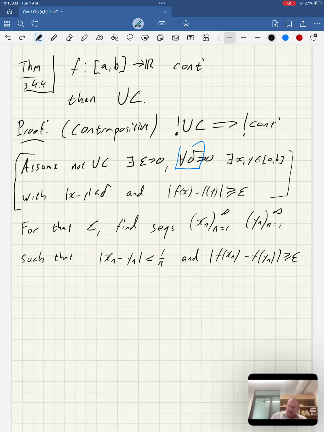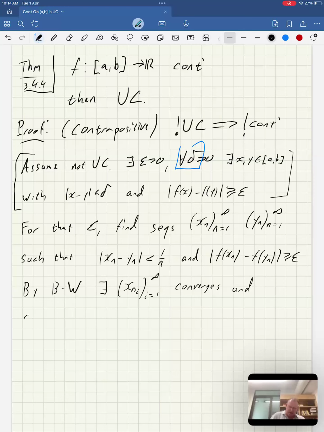So now that we have these sequences, by Bolzano-Weierstrass, they have subsequences that converge. In particular, let's look at the subsequence x_{n_i}, i going 1 to infinity, which converges, because the sequence is bounded, as we're talking about sequences in [a, b].